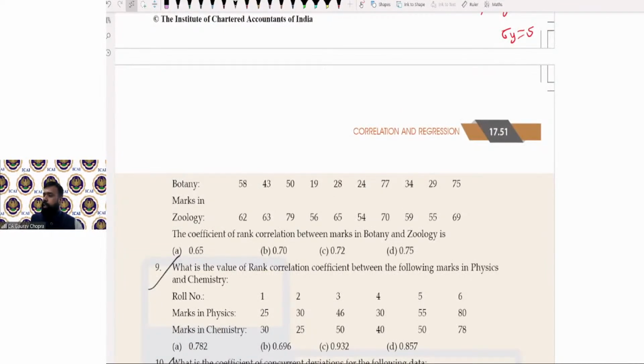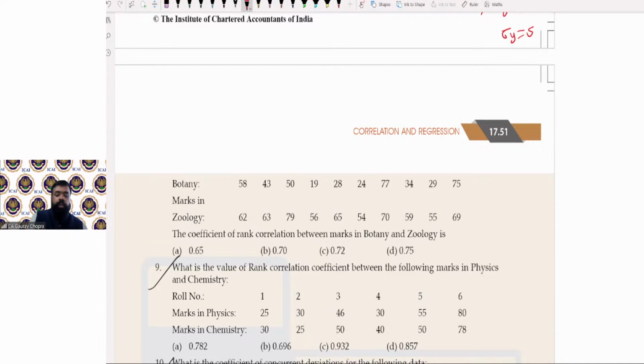Then Chanchal is asking about question number 8. See, this is a question based on rank correlation. In case of rank correlation, you have to check first whether there is a tie or not. If there is no tie, apply the small formula. If there is a tie in ranks, then you have to apply the bigger formula. So check this out: you have to rank first.